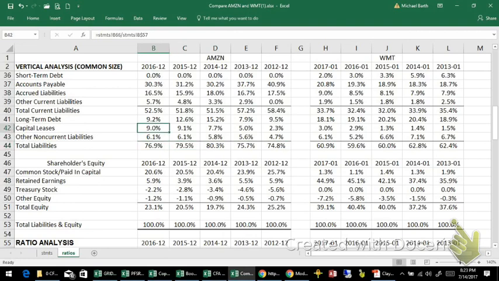Notice that capital leases have increased substantially. A capital lease is a long-term lease that appears on the balance sheet both as an asset and as a liability, because when you lease, say, a store, you owe the rent and you've agreed to pay it over a number of years.